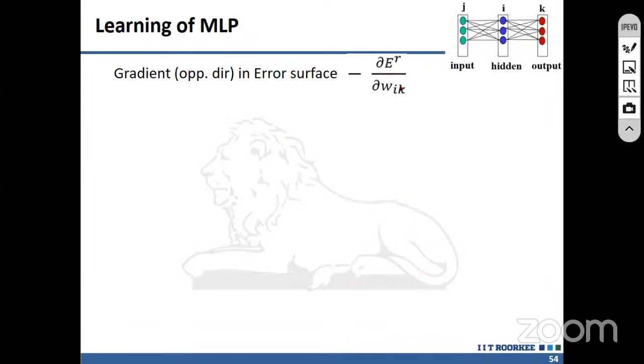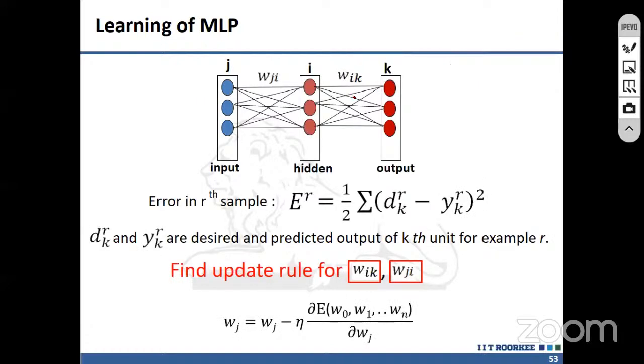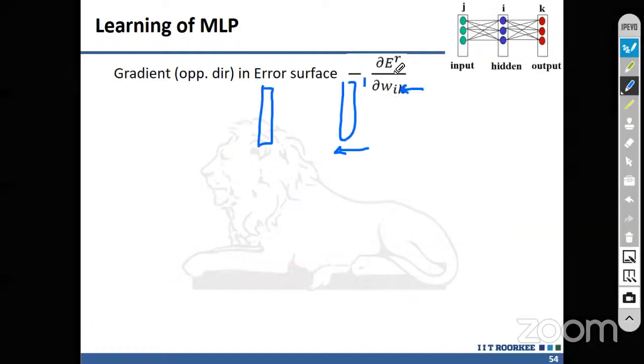So if I want to modify Wik, I need del E by del Wik. To calculate this value of del E by del Wik, how can we do it? We have to find out the dependency, how this error is related to Wik.